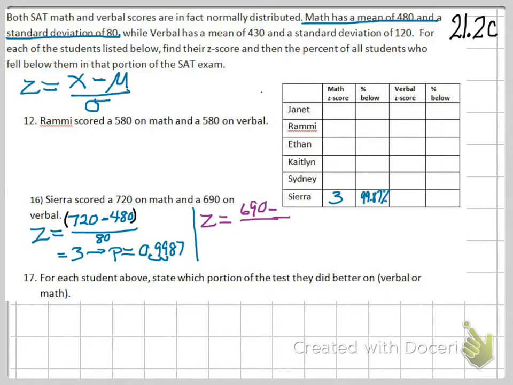Let's figure out my verbal information. Verbal has a mean score of 430, standard deviation of 120. Subtract the mean, and the mean was 430. Divide by the standard deviation, which is 120. Again, depending on your calculator, you might need to throw some parentheses in there.